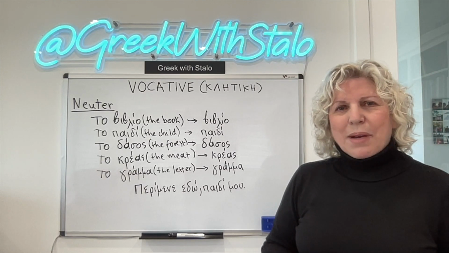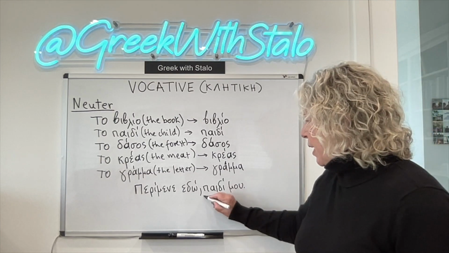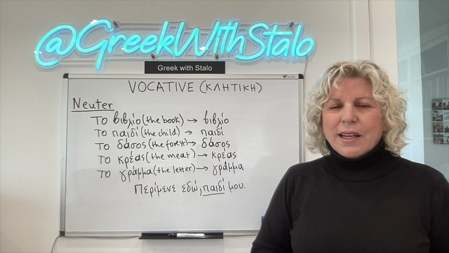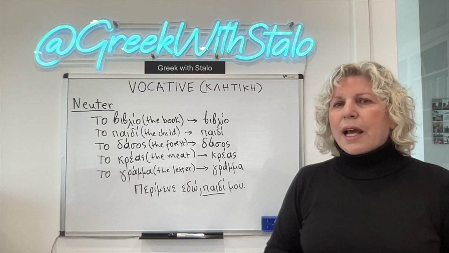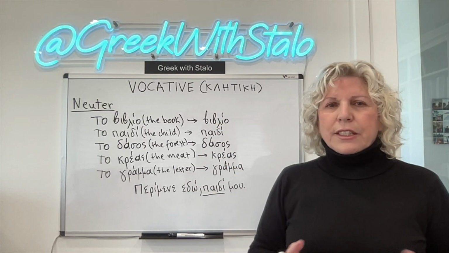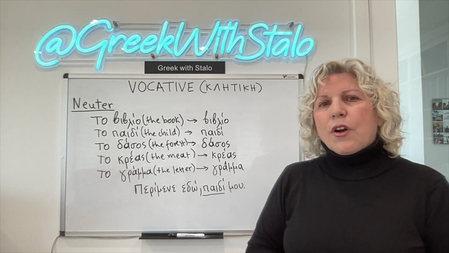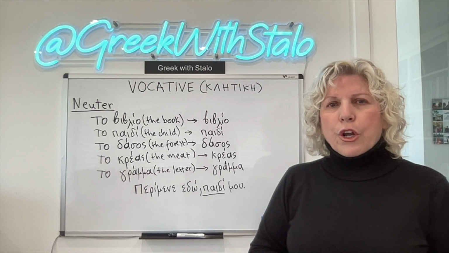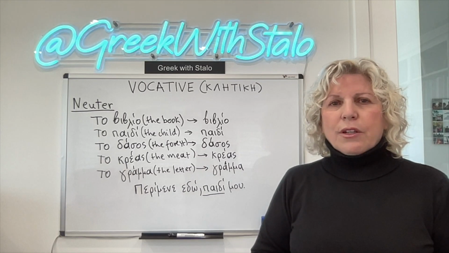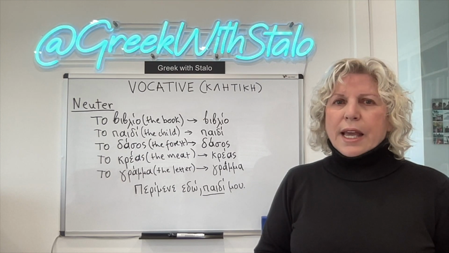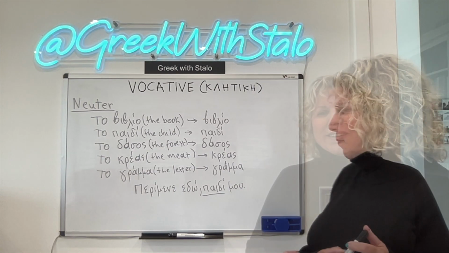Wait here, my child. Παιδί is in the vocative case. And of course, you notice that in all three genders, masculine, feminine, and neuter, the vocative case takes no article. It's the only case that does not need an article.